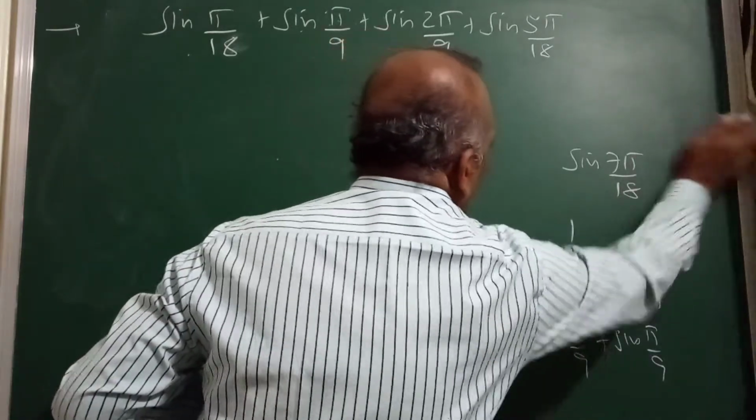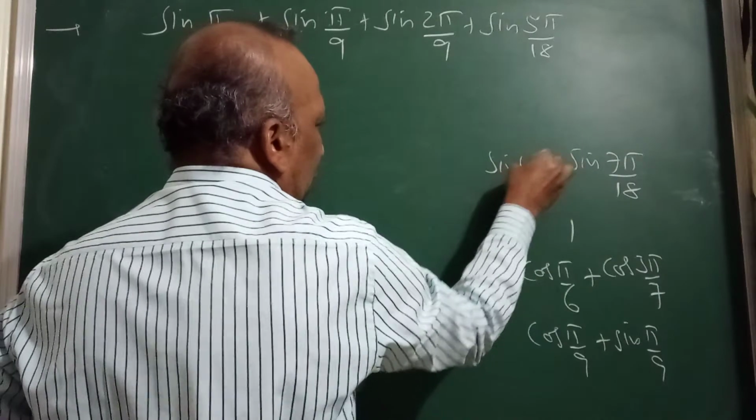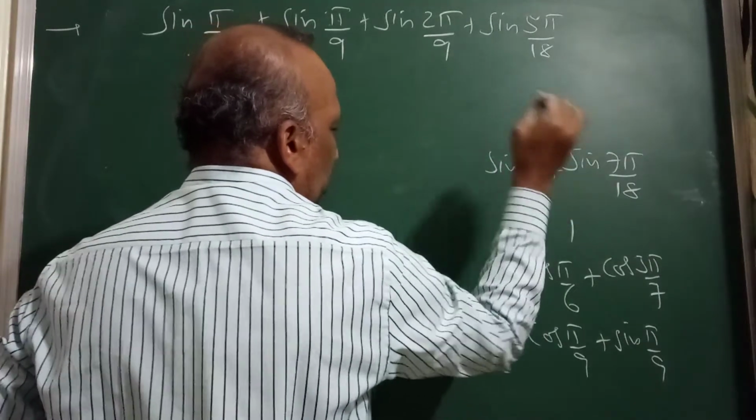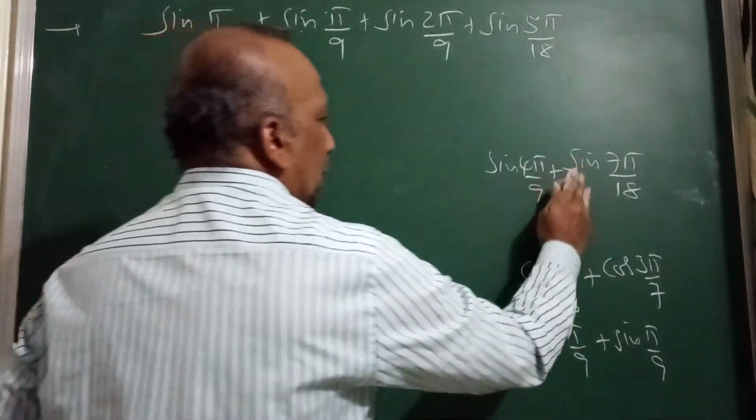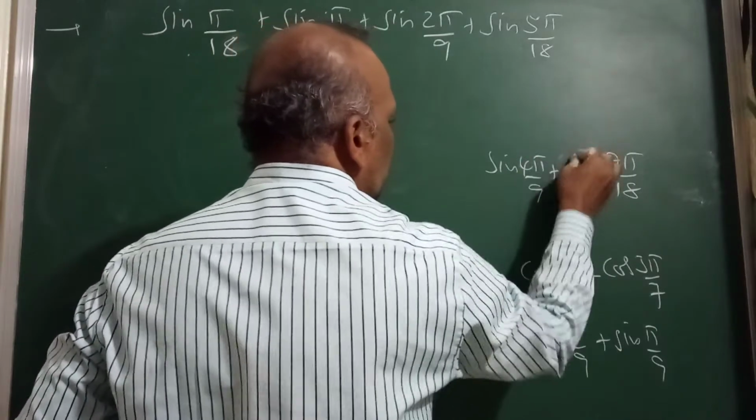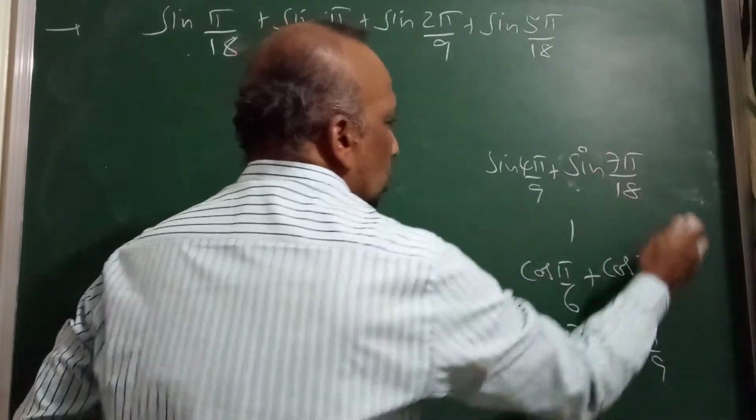I will write this term: sin 4 pi by 9 plus sin 7 pi by 18. So these are the options.